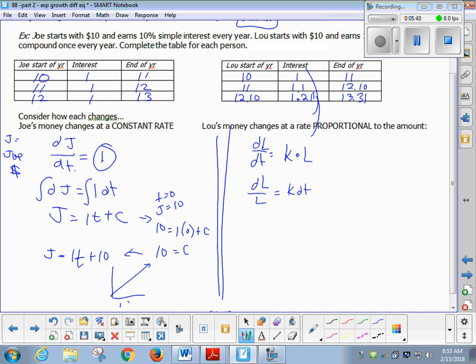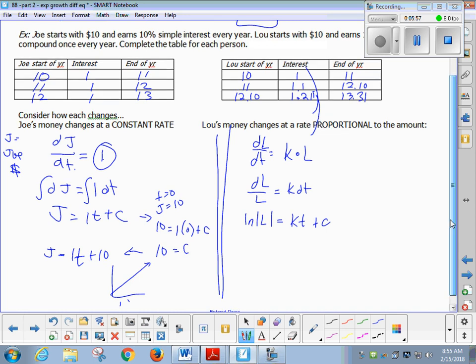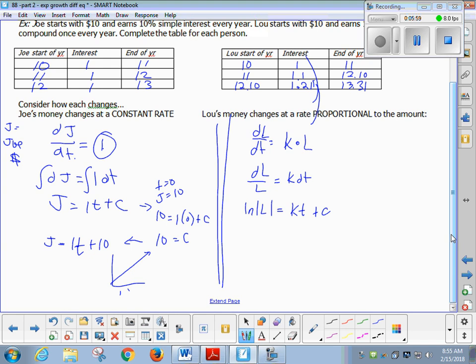Let's integrate. What's the antiderivative of 1 over L? Natural log of the absolute value of L equals kt plus c. Okay? Now, kt plus c, we could use the initial condition. The initial condition is at time equals 0, Lou has $10.